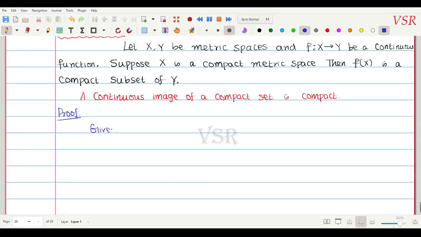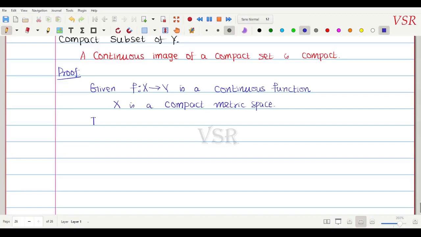Given f from X to Y is a continuous function and X is a compact metric space. இப்போ நான் என்ன ப்ரூஃப் பண்ண போறேன் அப்படின்னா, to prove that f of capital X is compact.